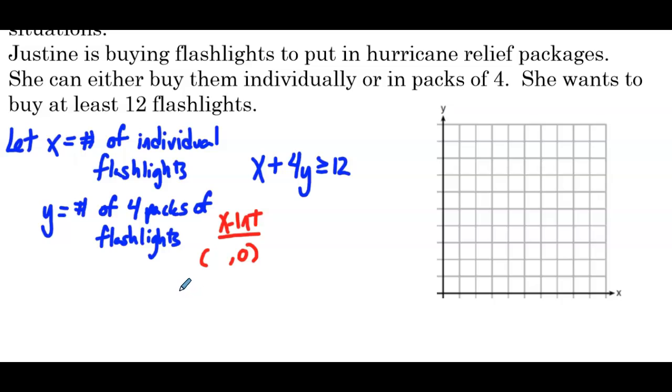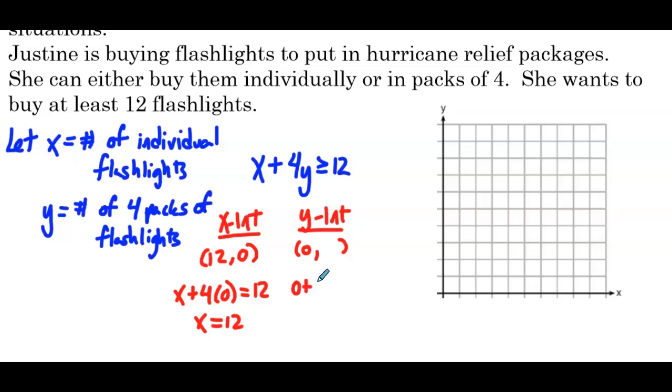So we have x plus 4 times 0 equals 12, so x equals 12. And our y-intercept, reminder, is a point whose x-coordinate is 0. So we have 0 plus 4y equals 12. If we divide both sides by 4, y equals 3.